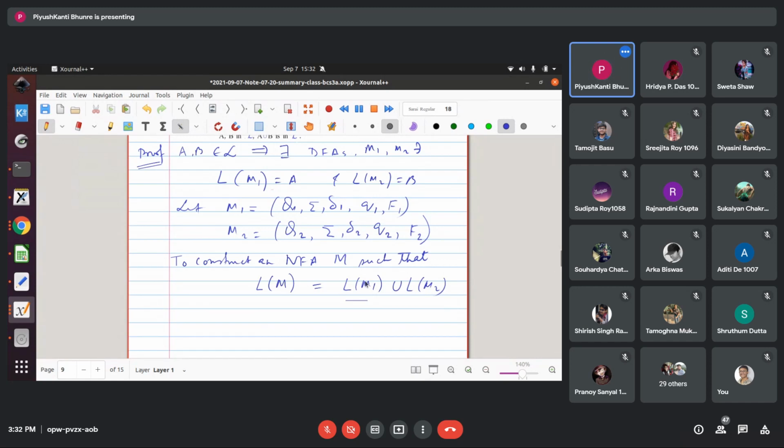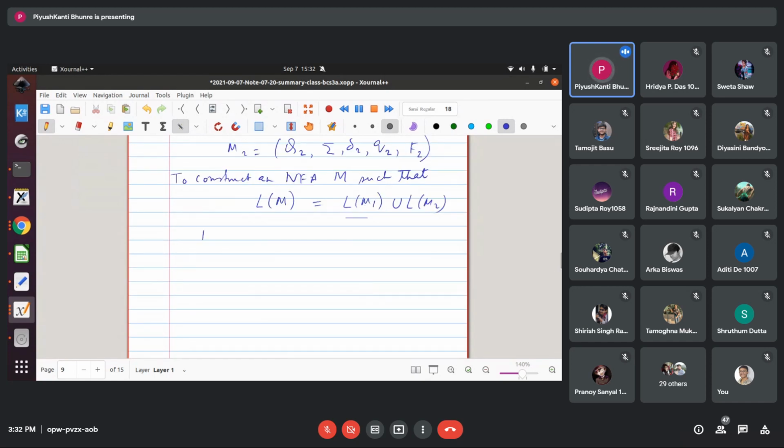So we want to find some finite automaton with a set of states Q, the same alphabet, some delta function that we will define, some start state that we will define, and a set of final states that we will define. Okay, so how to define that?